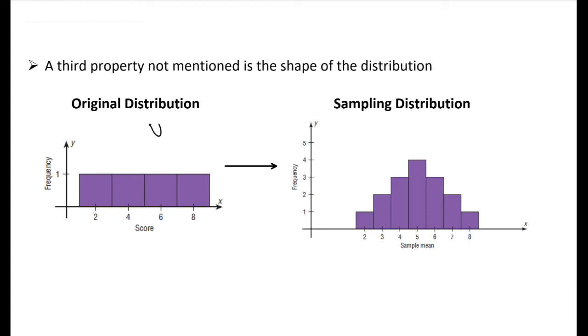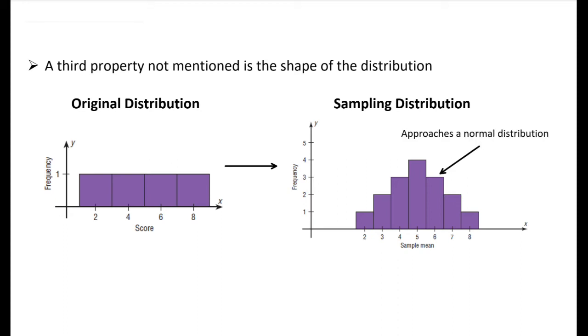So this is uniform, and this is approximately normal. So this means that even if the original distribution is not uniform, if you take samples of that population, then take the means and graph those, you're going to get something that's approximately normal.